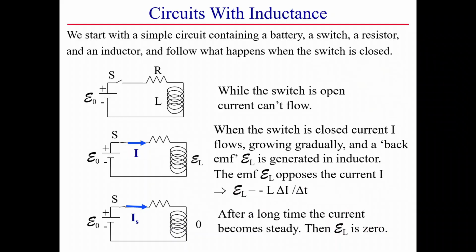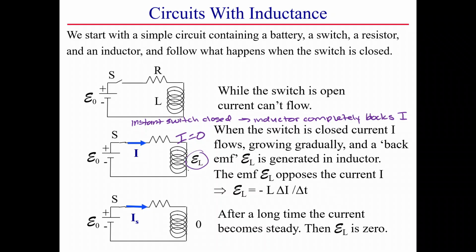So at the instant the switch is closed, my inductor completely blocks the current. So our I is 0 at this instant, and basically the voltage of my inductor is equal to the voltage of my source. There's no current flowing through.